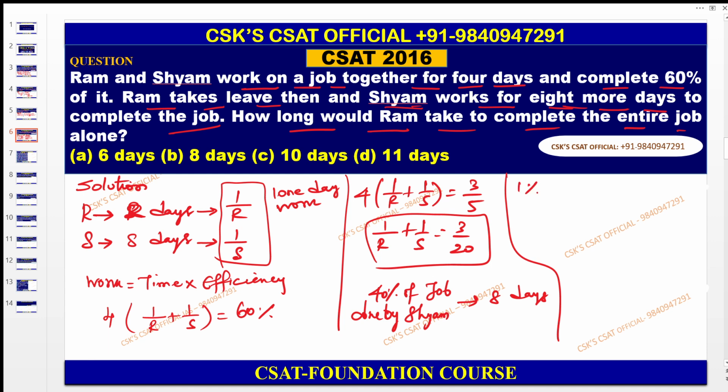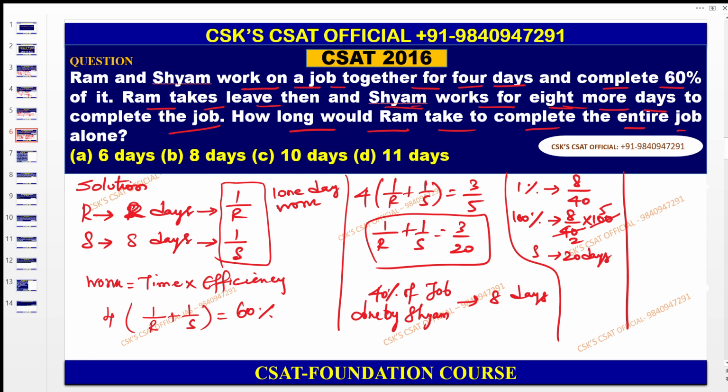So 1%, 8 by 40, and 100% is equal to 8 by 40 into 100. 40 by 2 becomes 20. So Shyam takes, so S takes 20 days to complete the whole job, right?